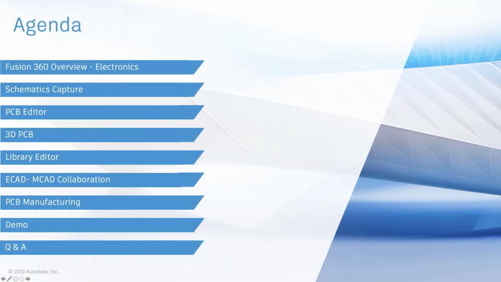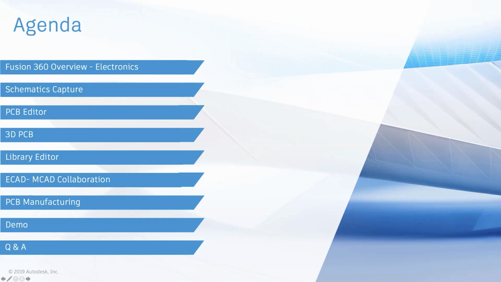Now, let's take a look at our agenda, quite an aggressive agenda that we have for today's presentation. We're going to be going over Fusion 360, an overview of the electronic design capabilities, the schematic capture, the circuit board, and the 3D PCB. I'll be spending some time there explaining a lot of capabilities that are available in the 3D PCB.